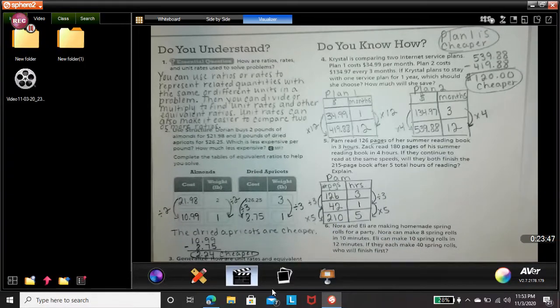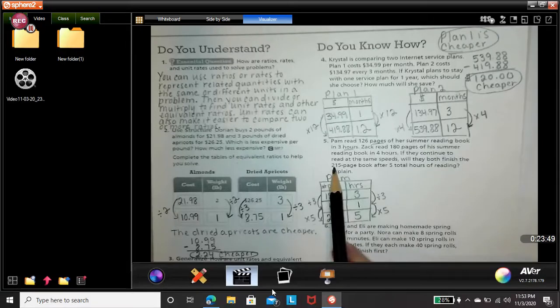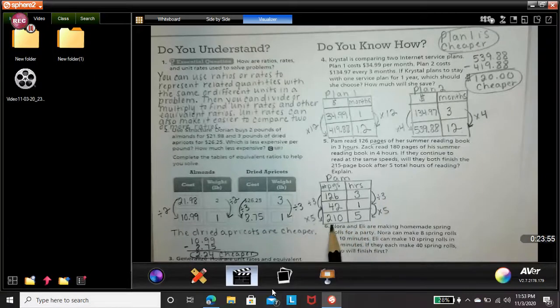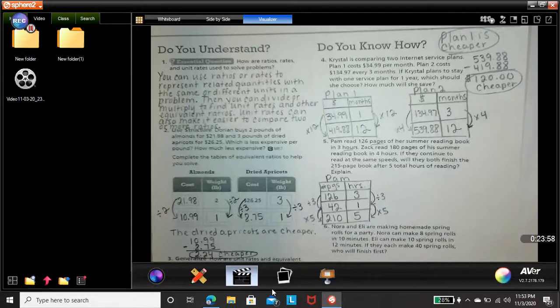So, will Pam finish a 215-page book in 5 hours? Well, no. She can only read 210 pages in 5 hours. So she's going to get very close, but she'll be 5 pages short from finishing the book in time.